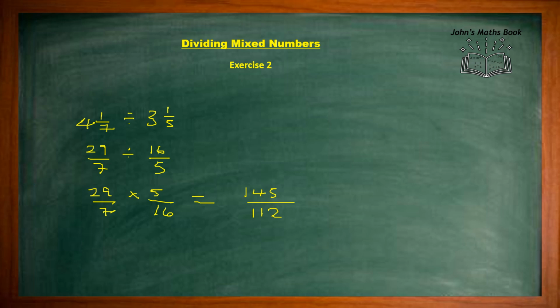So the integer part of the mixed number we get from that is when we divide 112 into 145, and it only goes in once exactly, so that'll be the integer part. So 1, and the remainder is 33 divided by 112.